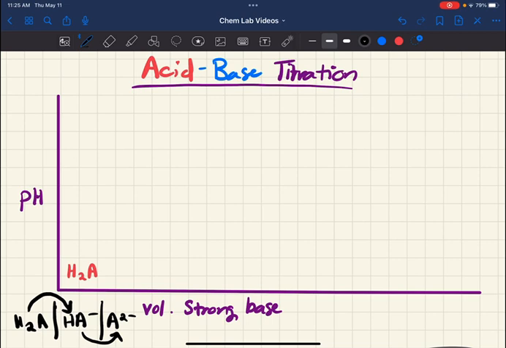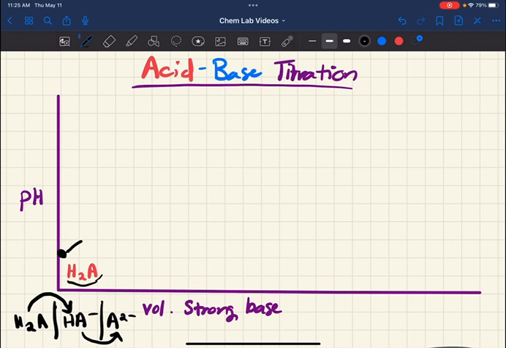So let's just say we're starting out with our titration curve and the pH is somewhere around this point initially when we have just the weak acid in the fully protonated state. We start adding some strong base, and we'll start out by initially having a slight uptick in pH because all we have is this weak acid in solution.